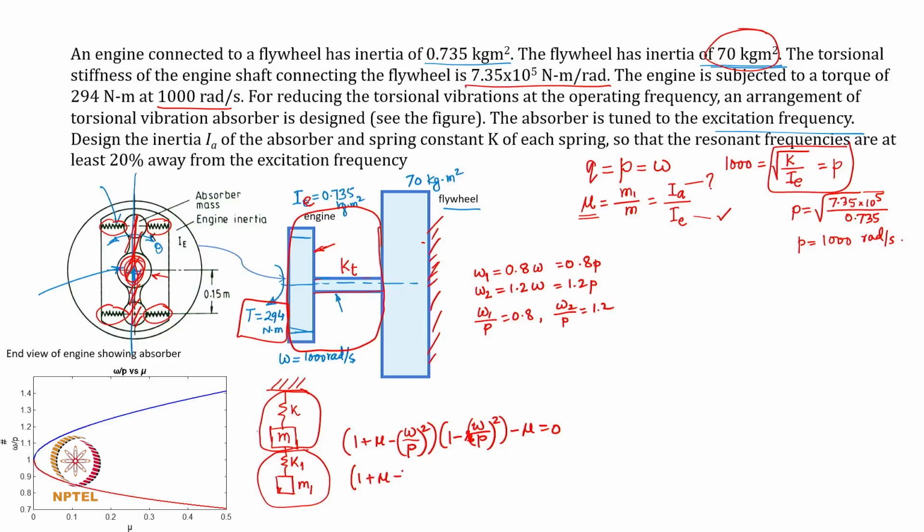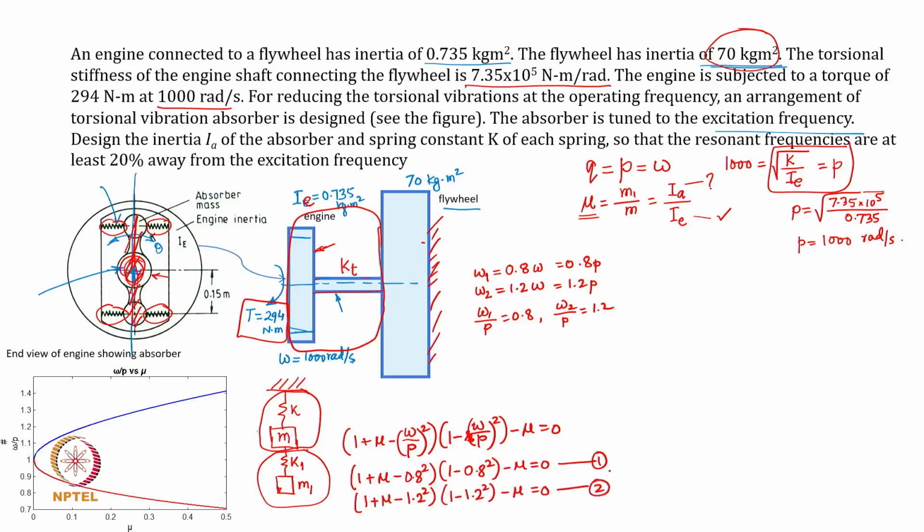So what I do, (1 plus mu minus 0.8 square) times (1 minus 0.8 square) minus mu equal to 0. This is the first equation that I have if I choose the lower of the two new natural frequencies. And the second one will obviously be (1 plus mu minus 1.2 square) times (1 minus 1.2 square) minus mu equal to 0.